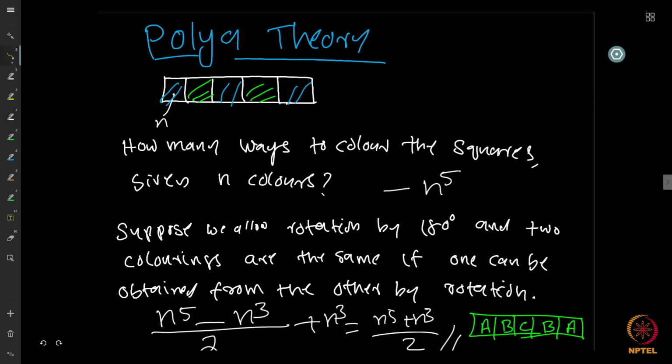For example, I can say that this rotation is basically like I am permuting this square, going here, and this square going here. Similarly, this one going here and this one going here, and this square is mapped to itself. So such permutations will give you the effect of rotation. And of course, the identity permutation will keep the same coloring.